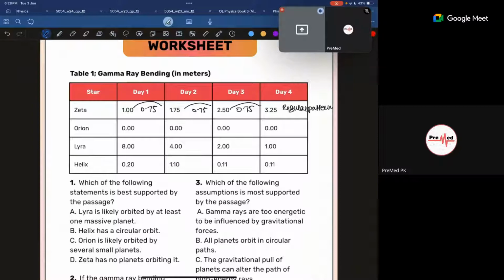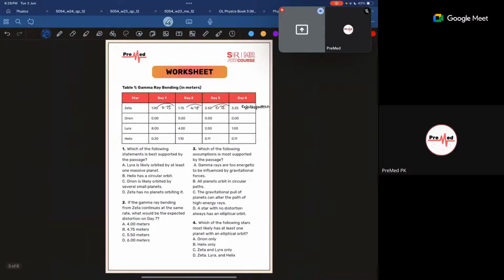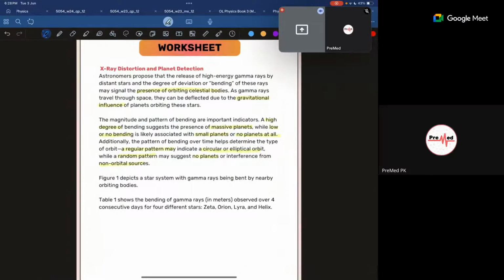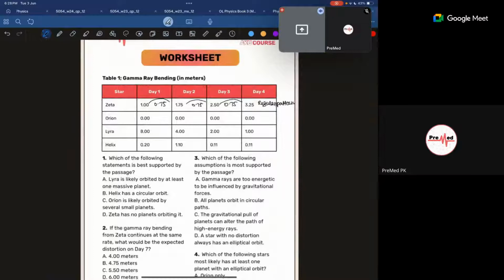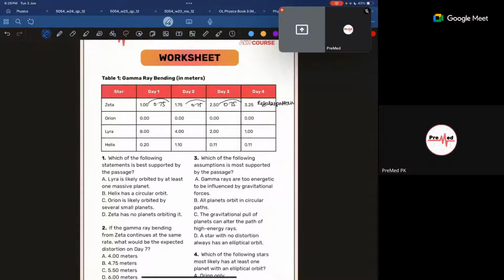As we saw earlier, a regular pattern indicates a circular or an elliptical orbit. So this can be seen with Zeta. The second is Orion, where there is no bending at all, which is shown by 0.00 on all 4 days. That shows that there is no planet at all, as we had already studied earlier.